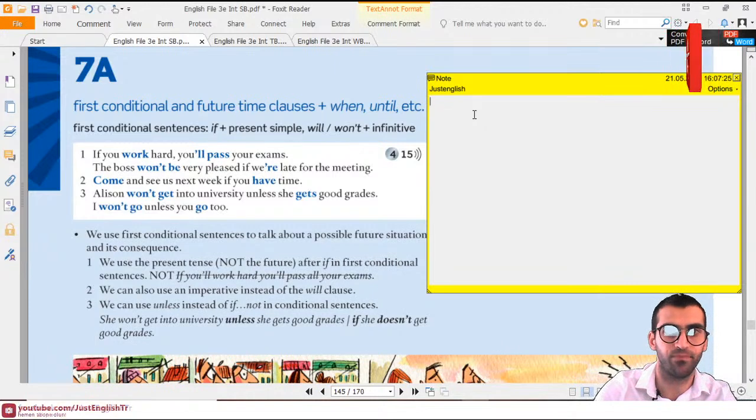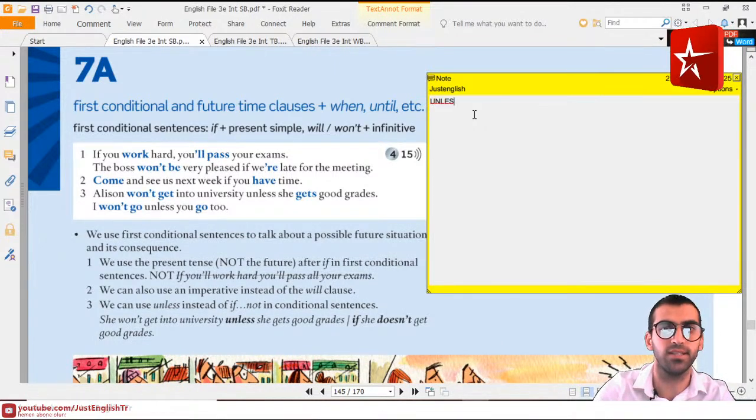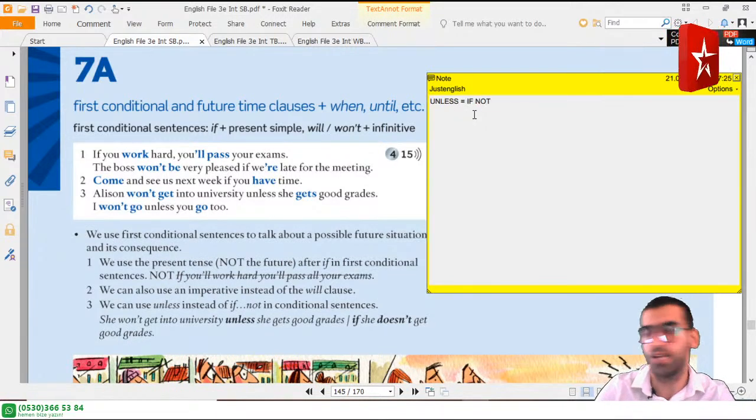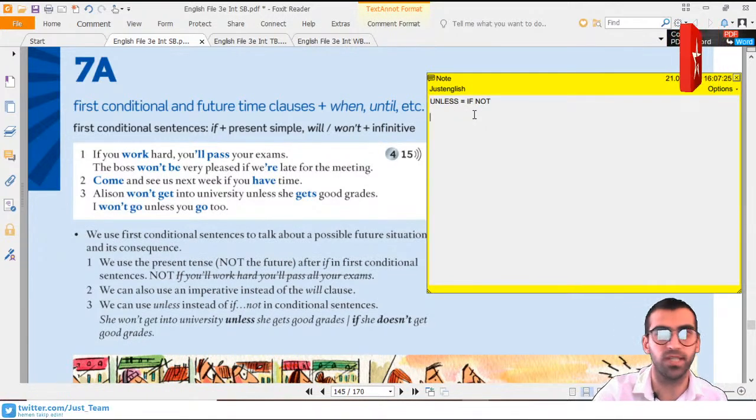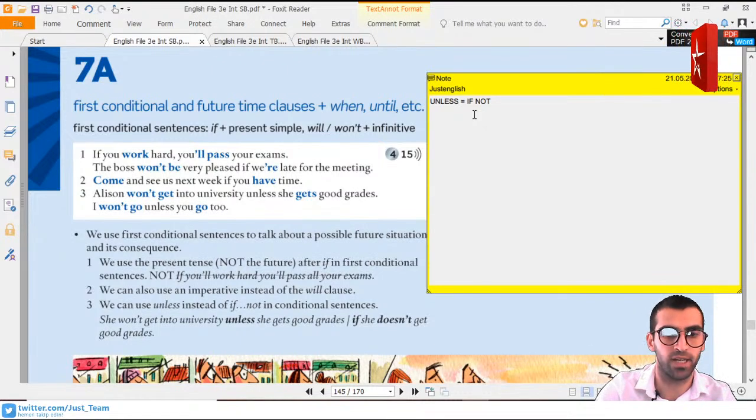For example, unless, I am writing it here, unless equals if not. It means if not. Okay? For example, this sentence I will write here.